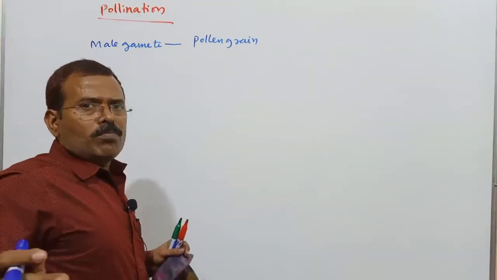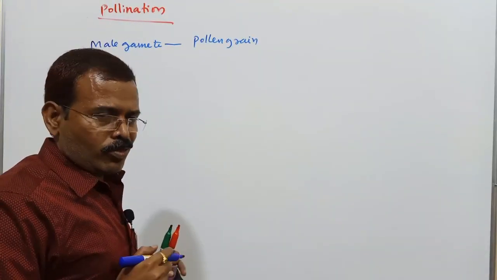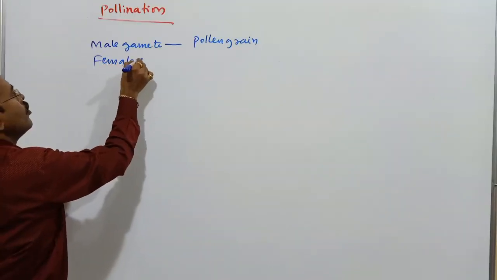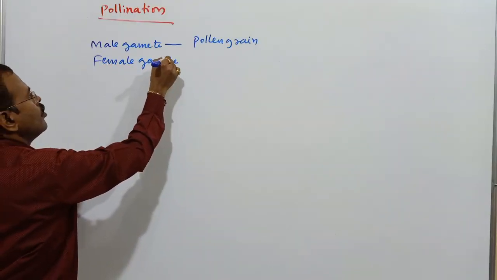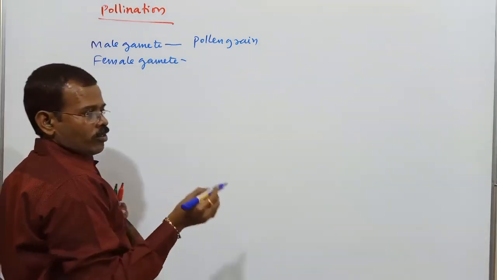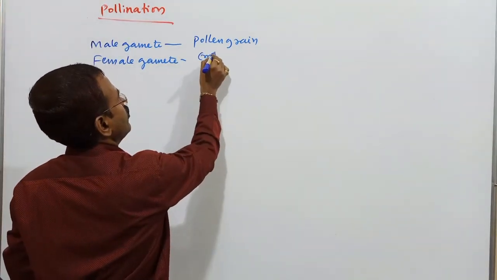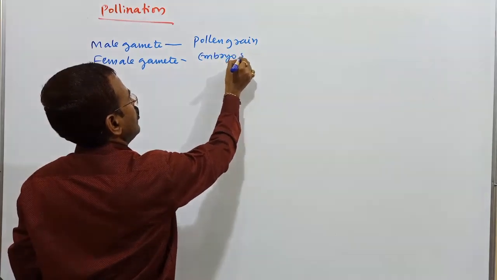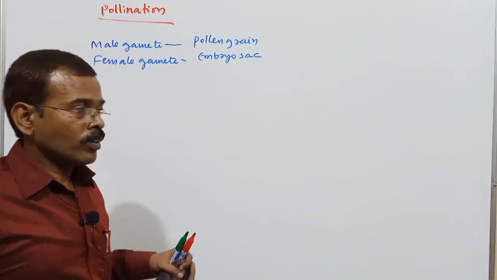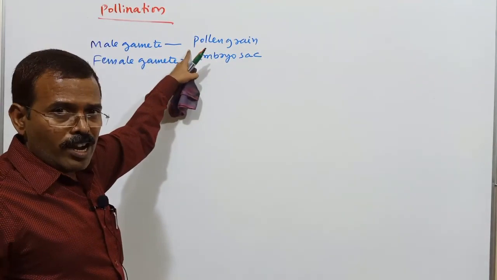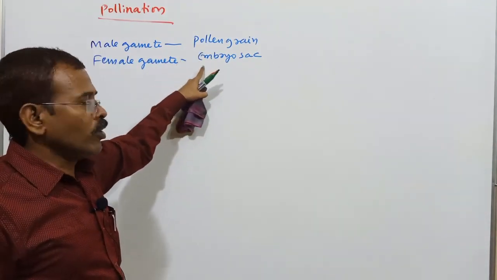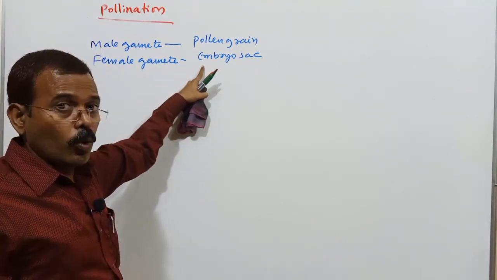One pollen grain can produce 2 male gametes. The female gamete, egg or ovum, is produced in the embryo sac. So pollen grains are produced in the anther, and the embryo sac is developed in the ovule in the ovary.